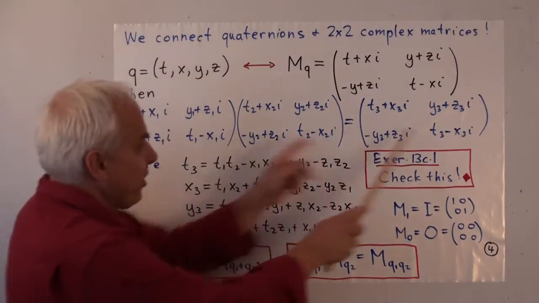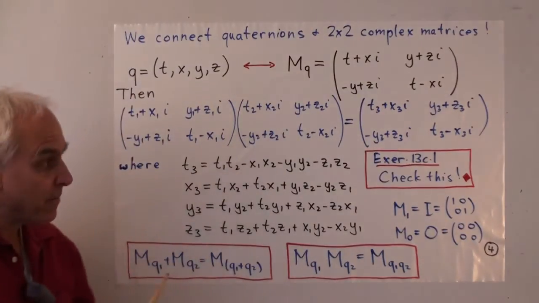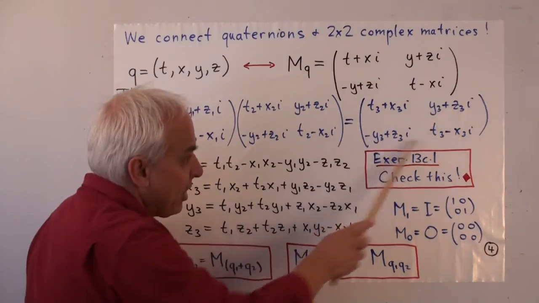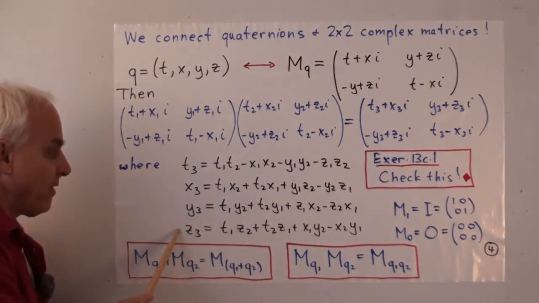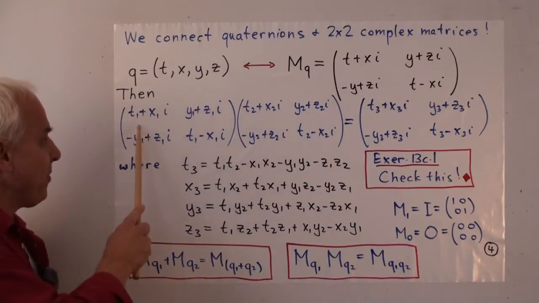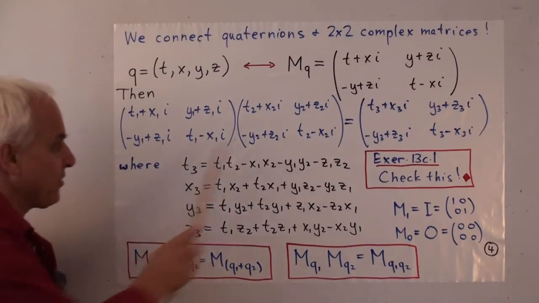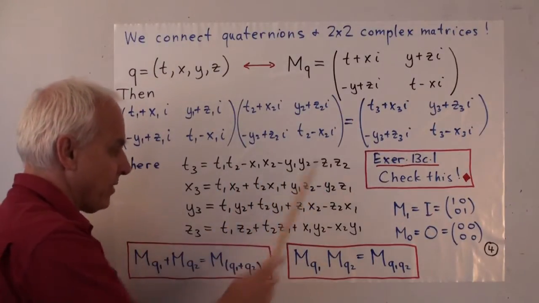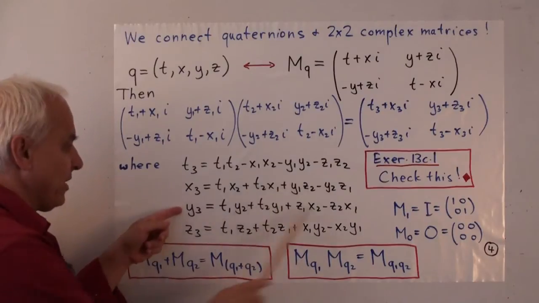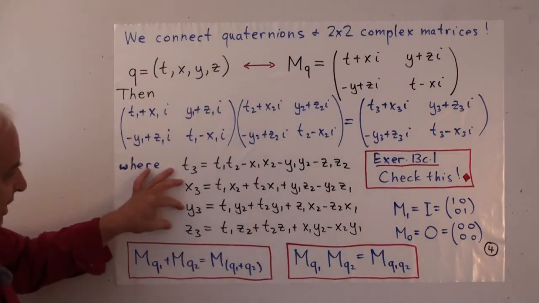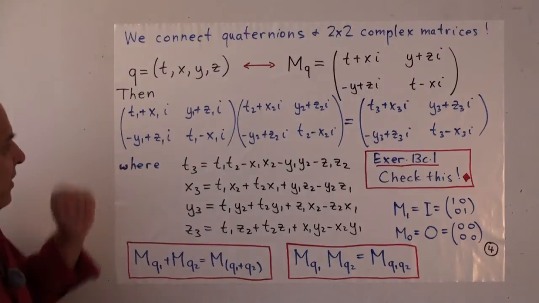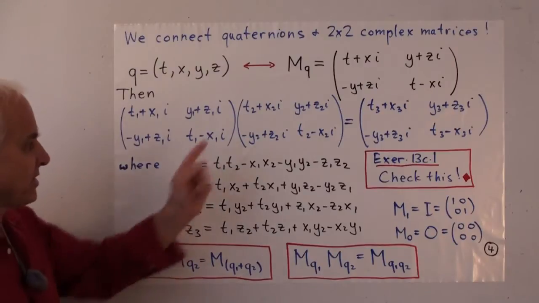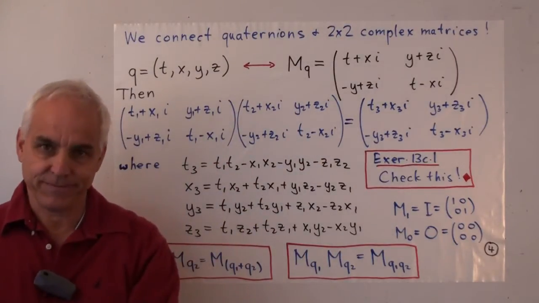In other words, we're getting another matrix of exactly the same kind whose entries t3, x3, y3, z3, and so on are obtained in this way from the entries here. So t3 is t1 t2 minus x1 x2 minus y1 y2 minus z1 z2. And x3 is this, and y3 is this, and z3 is this. These are exactly the components of the product of the quaternion q1 associated with this, and q2 associated with this.